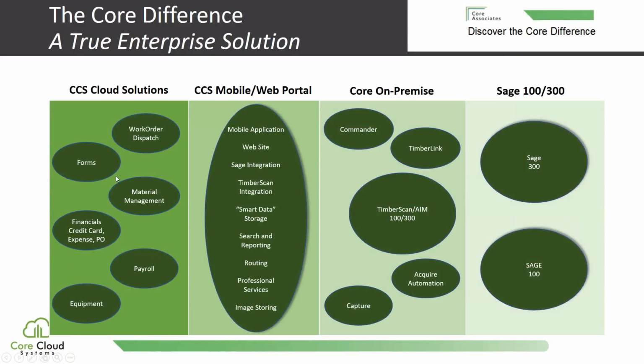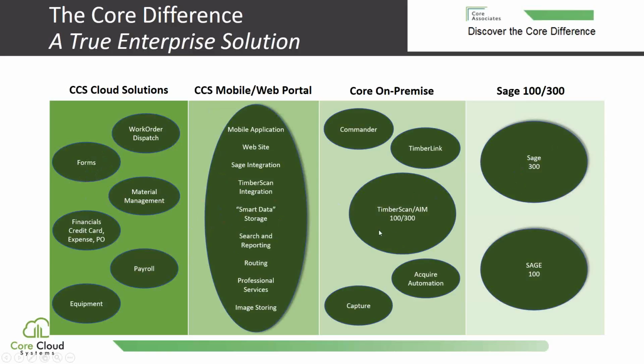We've now deployed it into our portal product, called Core Cloud Systems, which allows us to mobilize forms and other accounts payable applications, put them on a mobile device, have them workflow through the cloud, and then automatically come into TimberScan and get posted to Sage as if it's a single entry function.